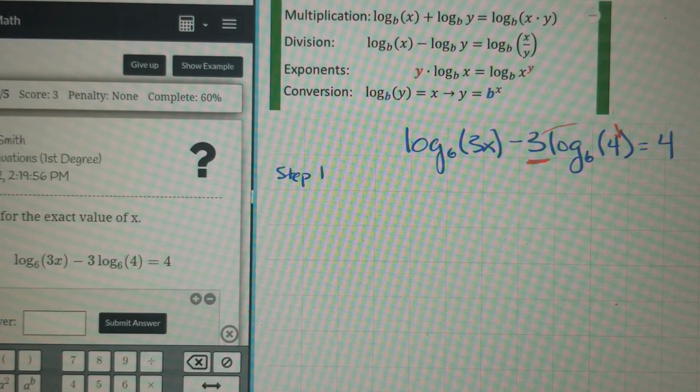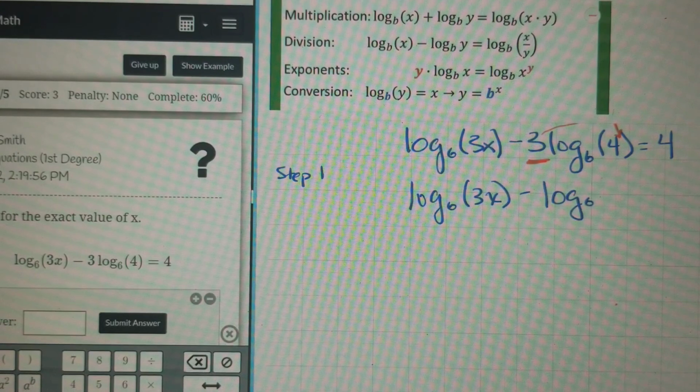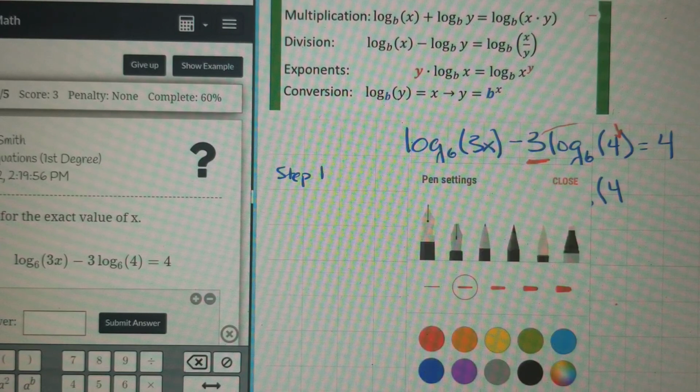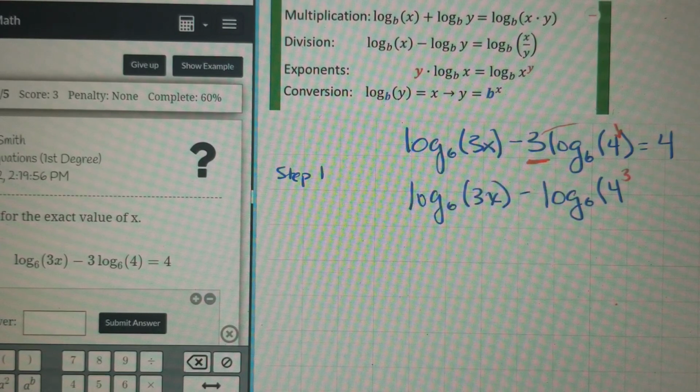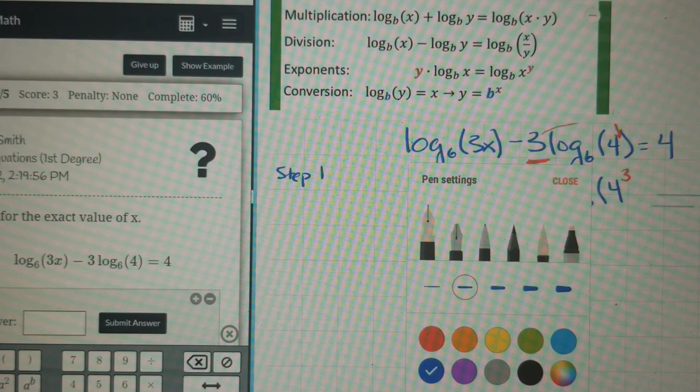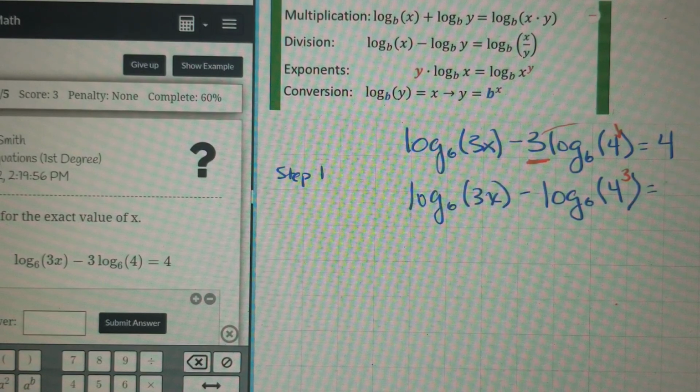So that's going to change our problem to log 6 of 3x minus log 6 of 4. And I'll just put a little 3 here in a different color to show you where that 3 went. So that 3 went right there, equals 4. So step 1 was take care of our exponent.